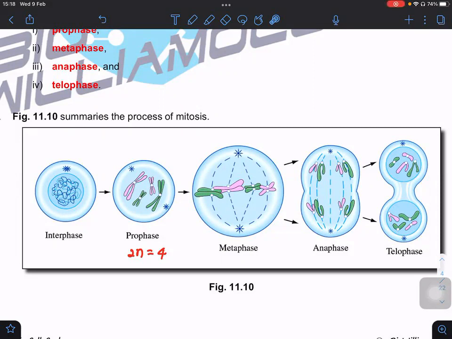When you describe the events at the metaphase, you can see that centriole or centrosome has already reached the opposite pole. Spindle microtubule is completely formed, attached to the kinetochore of the centromere, then aligns the chromosome at the metaphase plate.